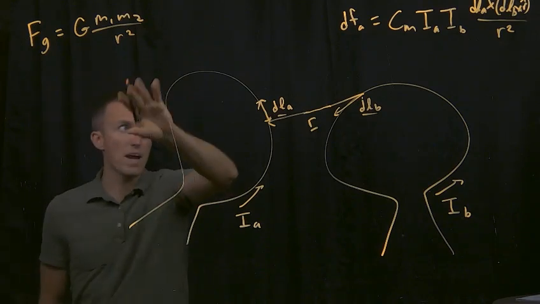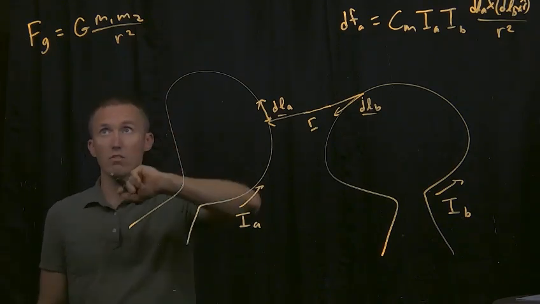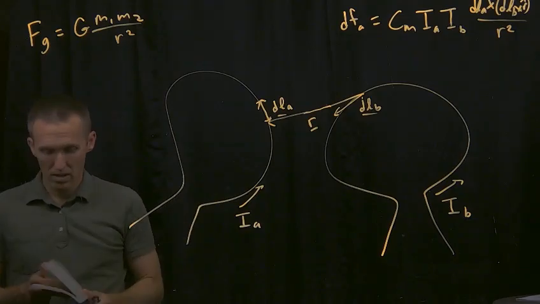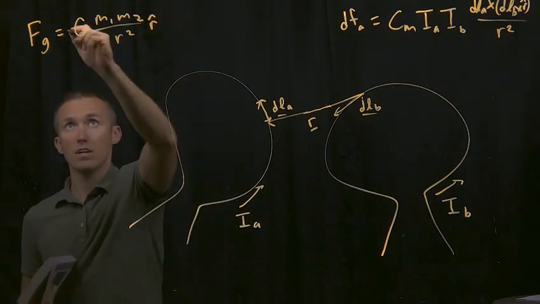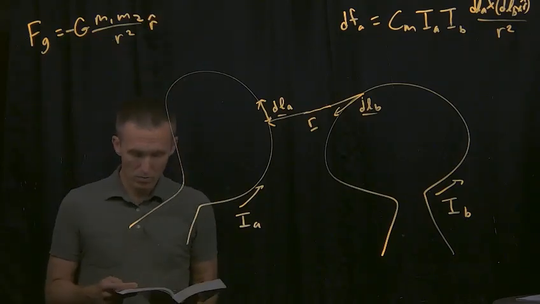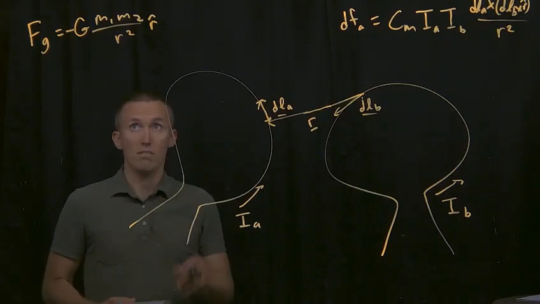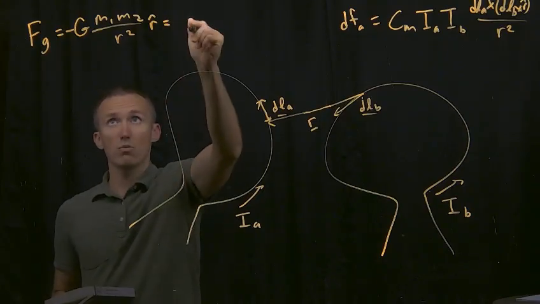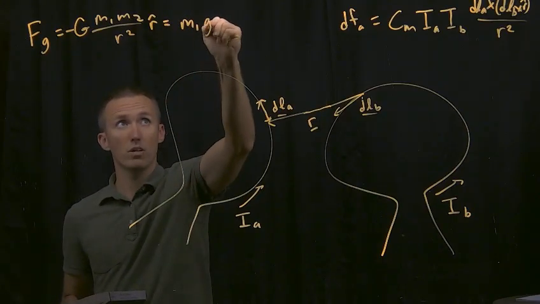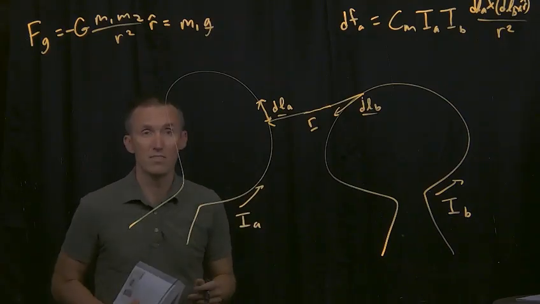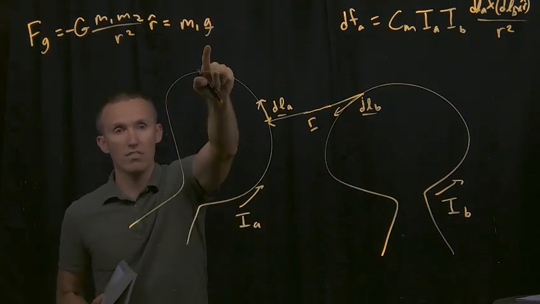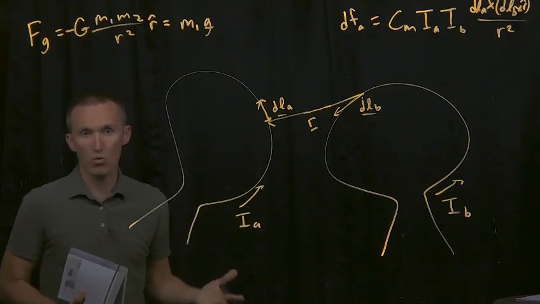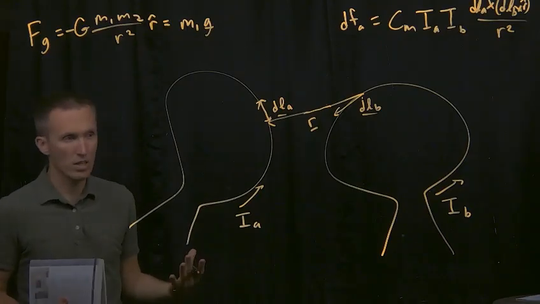And this is just the magnitude of the force, so we don't have that unit vector in there yet. I could throw the unit vector in there, r hat. Okay, that would be the equivalent. And then we said that was equal to something like mass 1 times g. Right, so this was our gravity field. That's a vector quantity. It's going to have a magnitude and a direction.